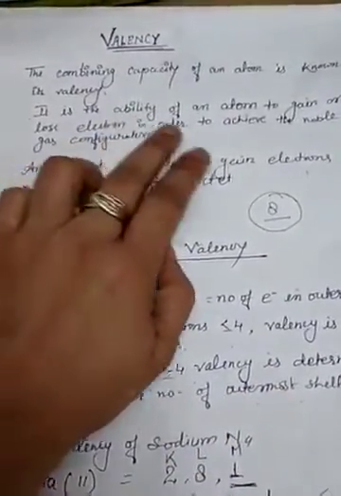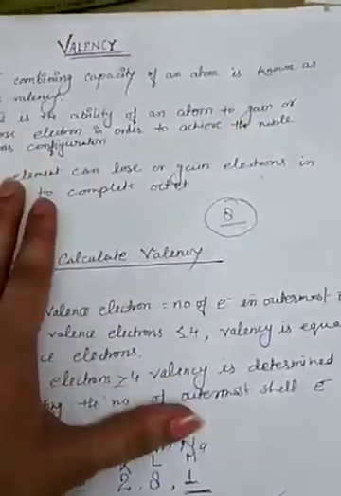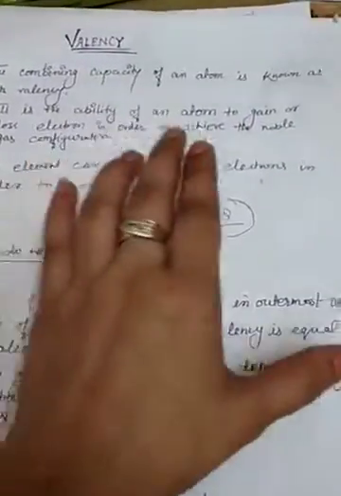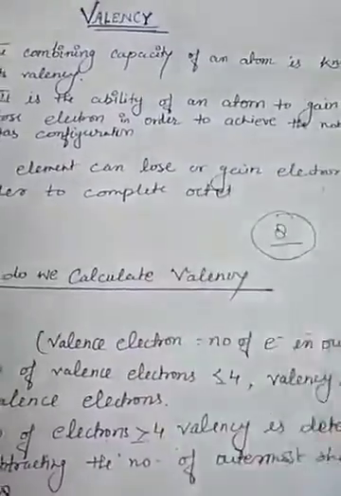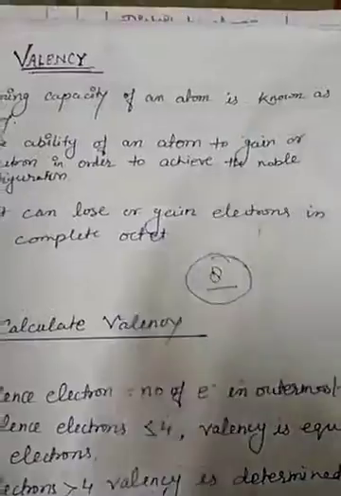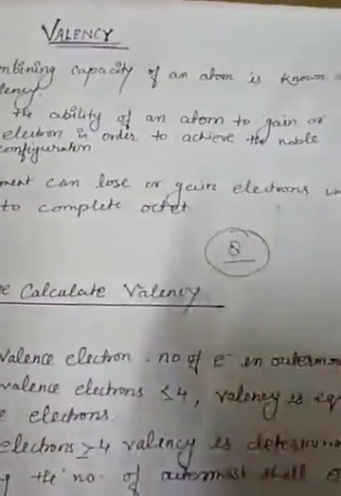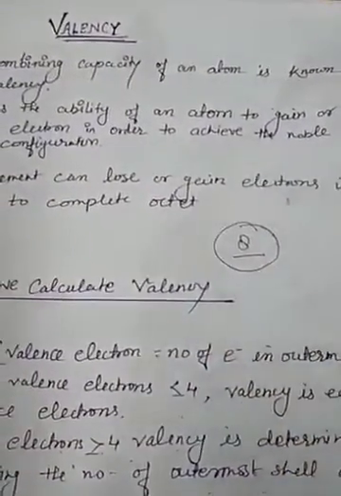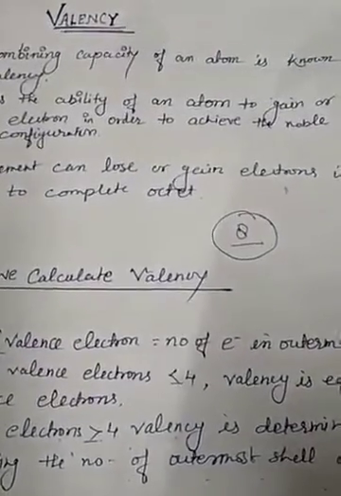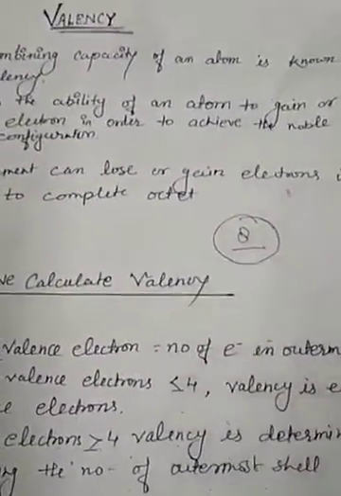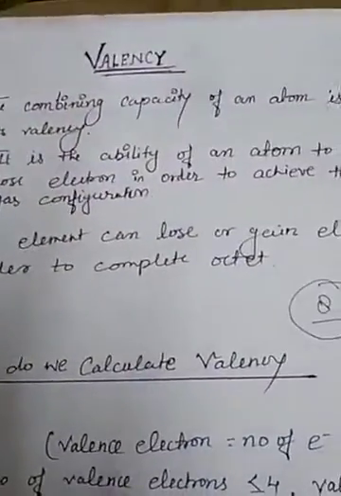It is the ability of an atom to gain or lose electrons in order to achieve the noble gas configuration. I told you about noble gas configuration: elements which have 8 electrons in their outermost shell have noble gas configuration, or are noble gas elements.